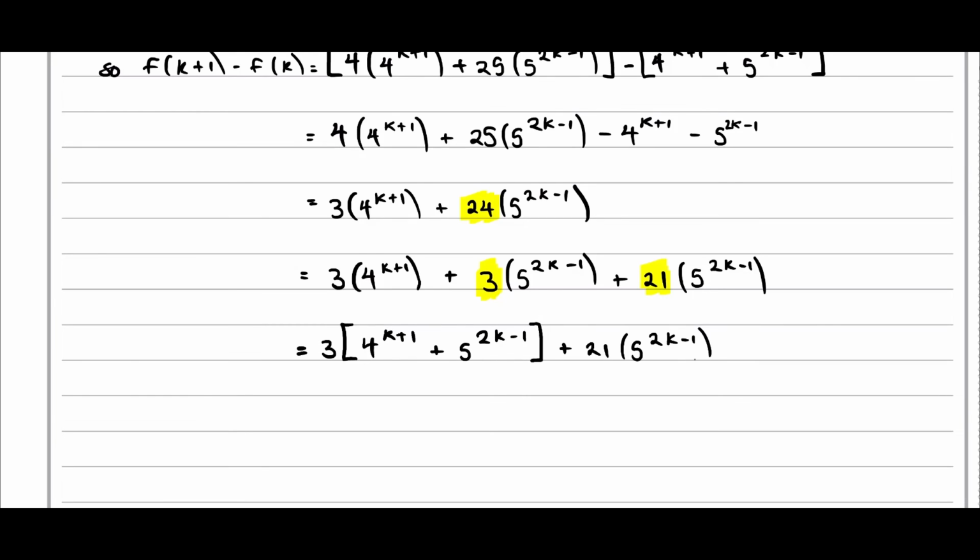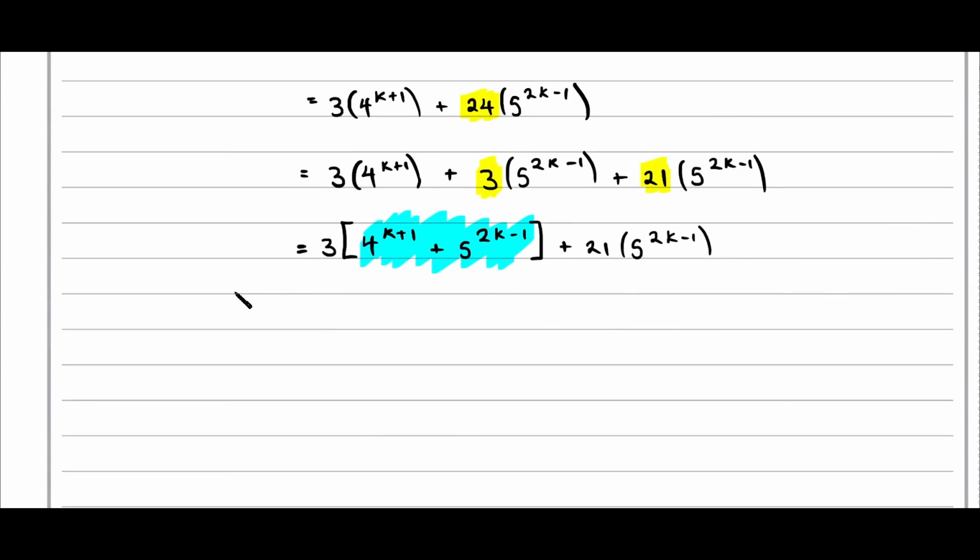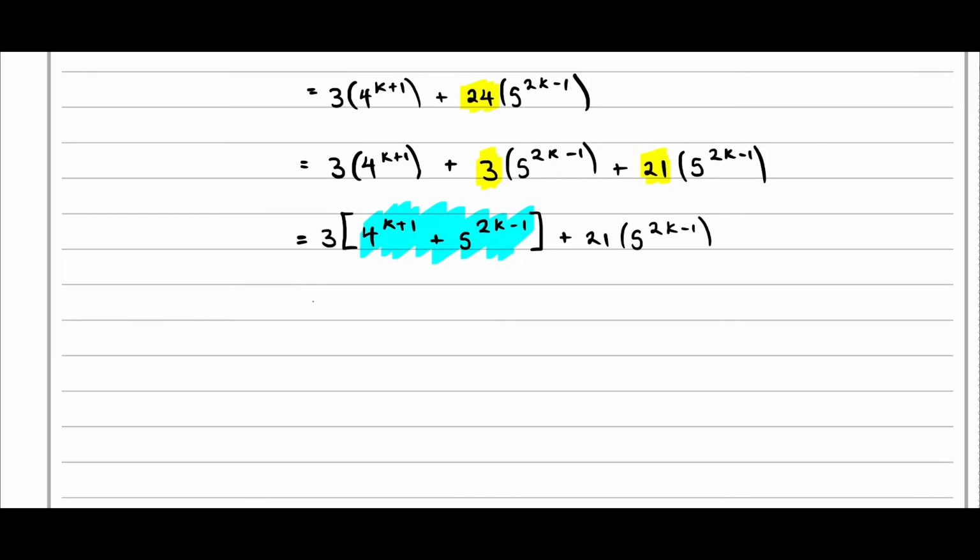And this over here is f of k. Remember, if you go back, f of k is over here. So what we can say then from here is we have 3 lots of f of k plus 21 lots of 5 to the power of 2k minus 1.